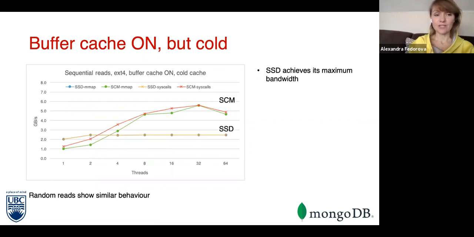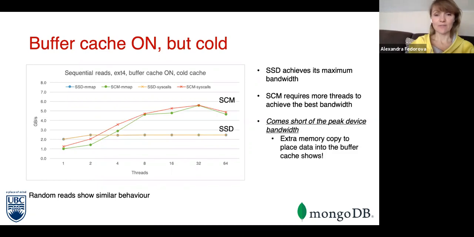But storage class memory achieves slightly less than the maximum bandwidth that it can. The peak device bandwidth was roughly 6.6. Here we're under 6 gigabytes per second, and it takes more threads to get to that peak bandwidth.